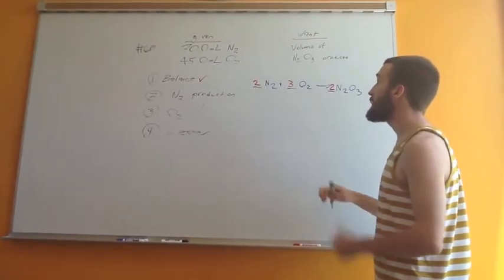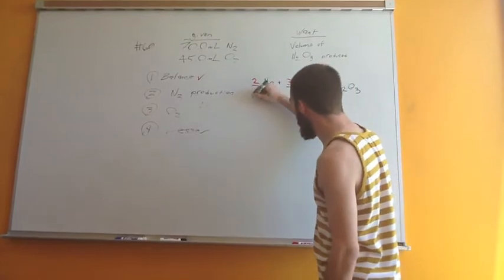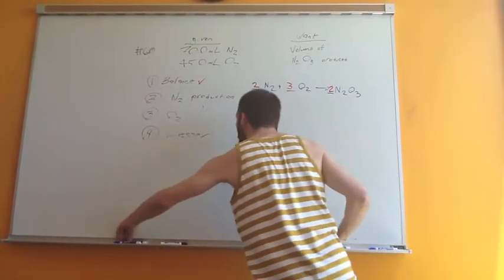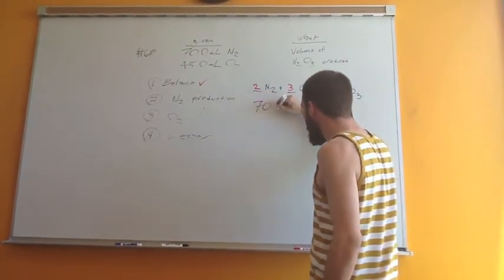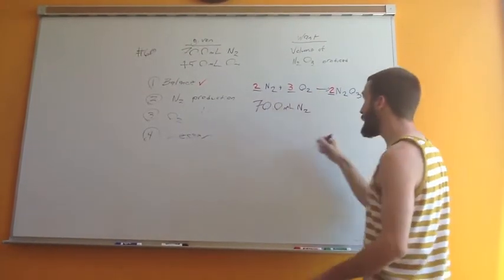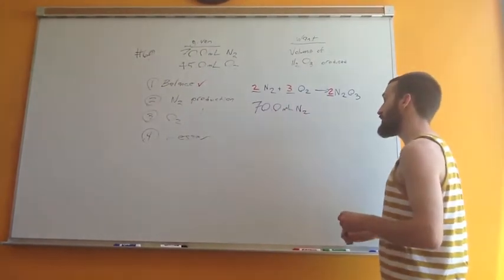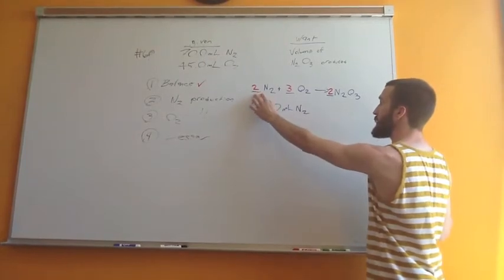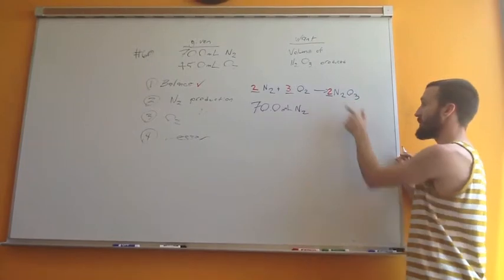So we're given 70.0 milliliters of N2, and then we have to refer back to the proportions that we had listed in the balanced equation earlier. So we have 2 moles of N2 and 2 moles of N2O3.